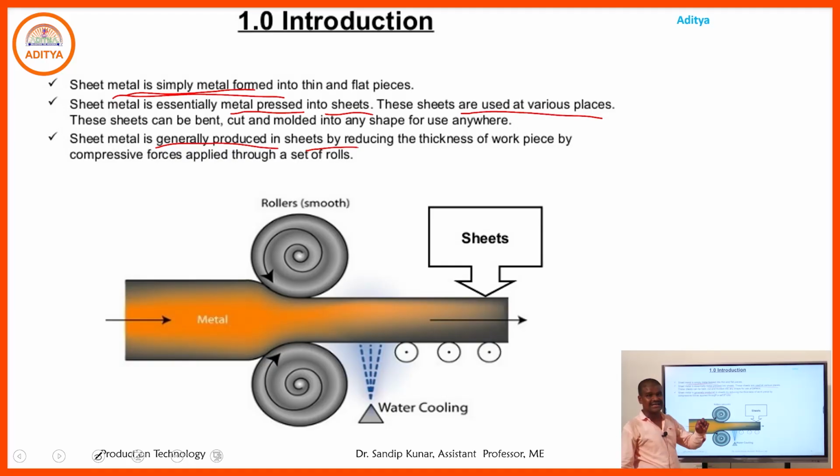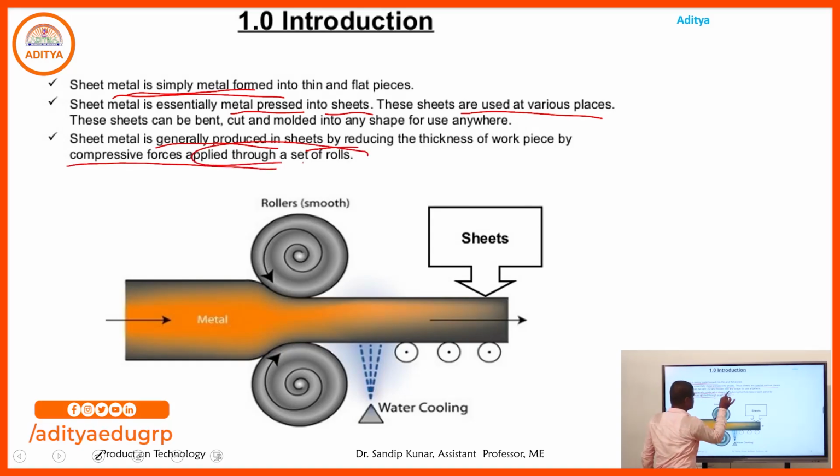Sometimes we take a thicker workpiece and, using the sheet metal forming process, reduce its thickness by applying compressive force through a set of rolls.